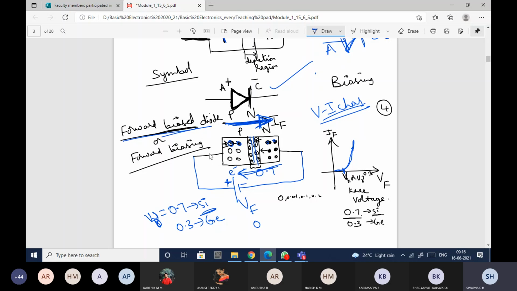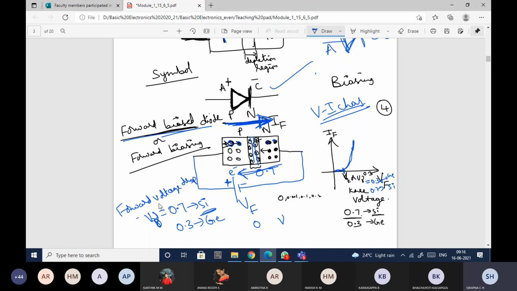Hope this is clear to all of you. Here you can mention V_k or V gamma equals 0.3 volts for a germanium diode and 0.7 volts for a silicon diode. This is said to be the forward voltage drop; V gamma is the forward voltage drop.